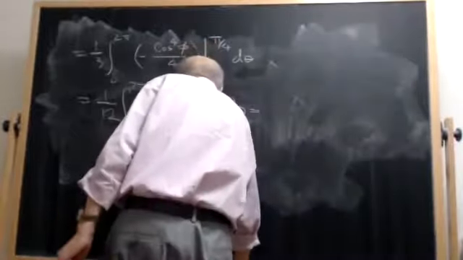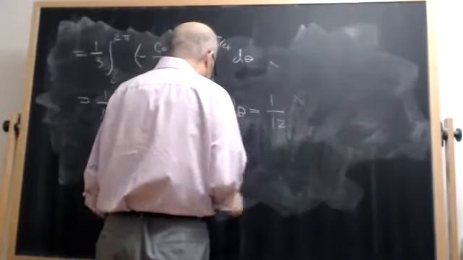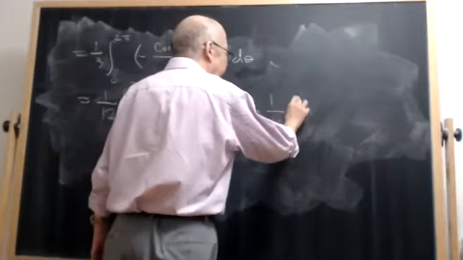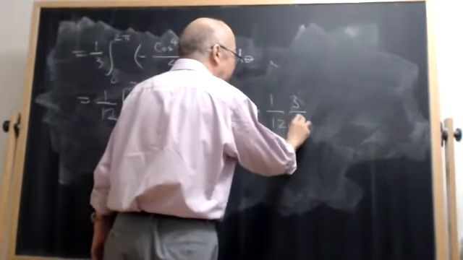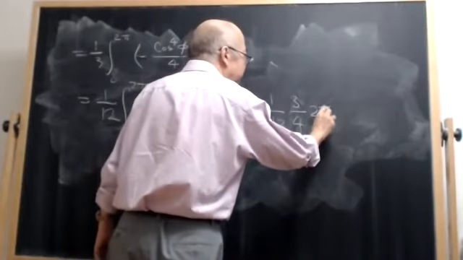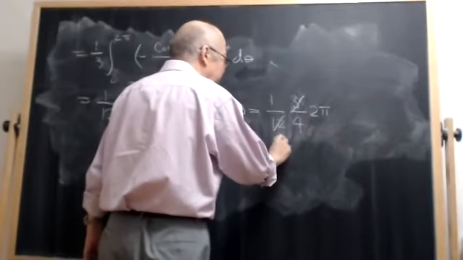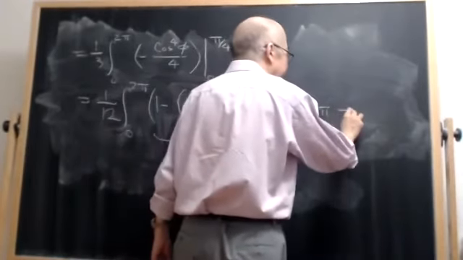So I am going to have 1 over 12 times 3 over 4 times 2 pi. So it's pi over 8.